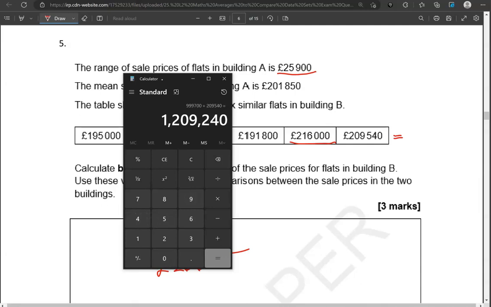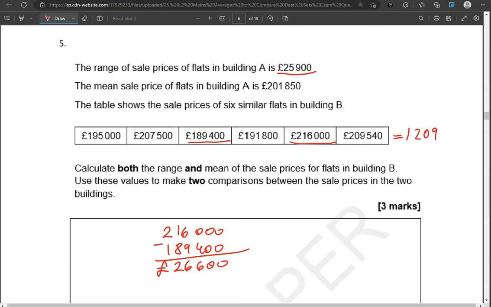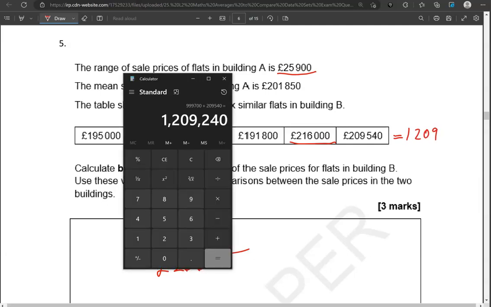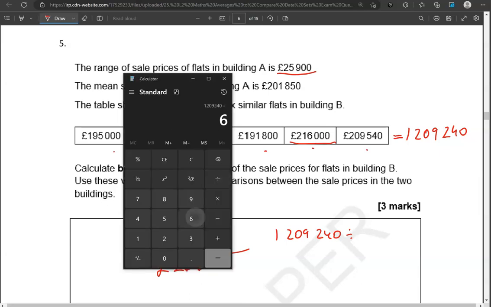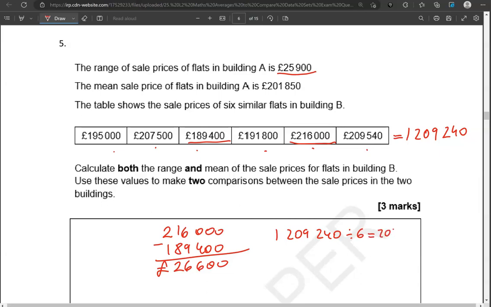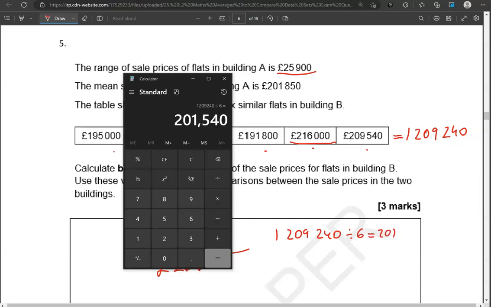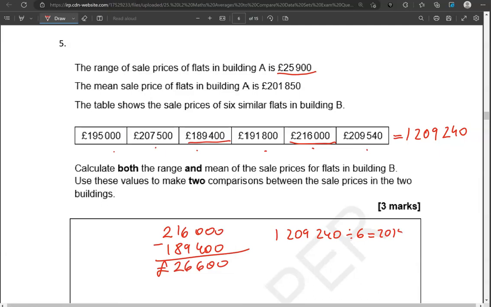So that is 1,209,240 in total. So we'll do 1,209,240 divided by 1, 2, 3, 4, 5, 6, which gives us 201,540.